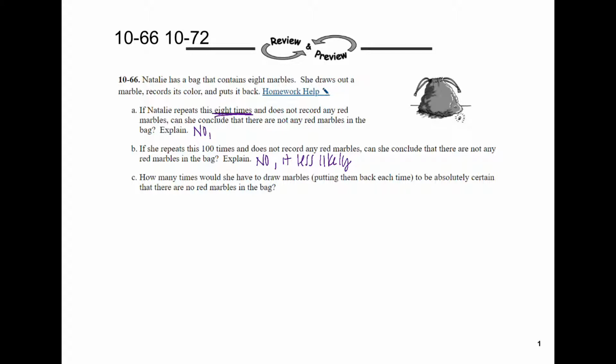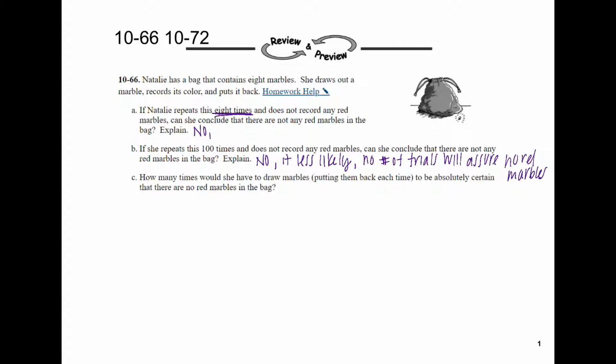But no number of trials will ever assure that there are no red marbles.